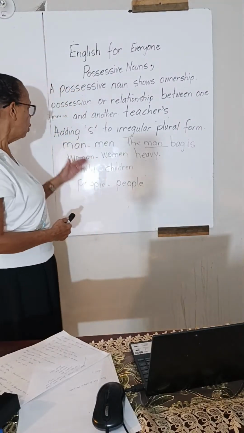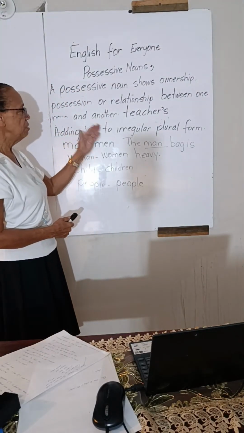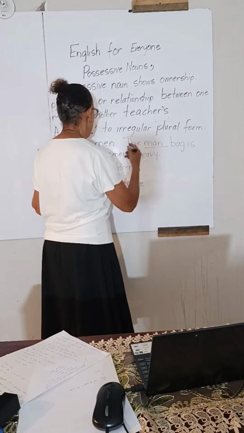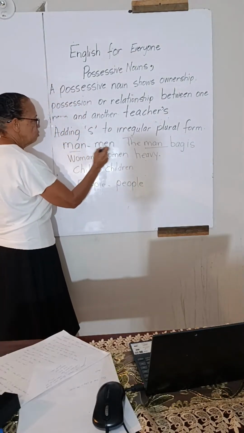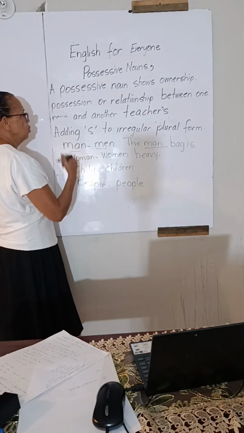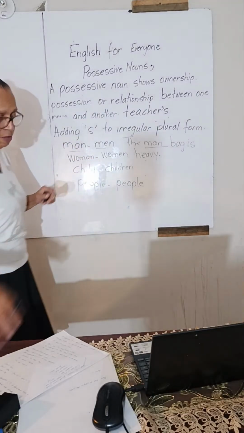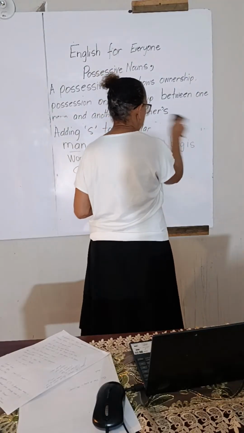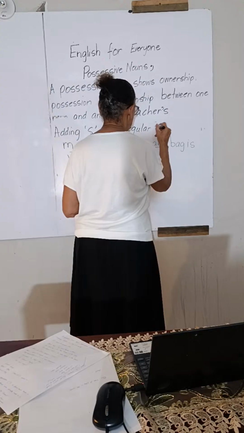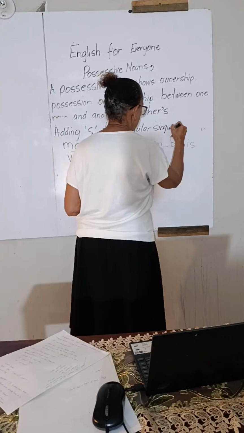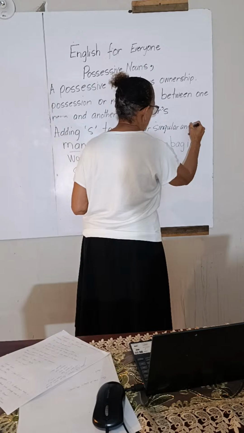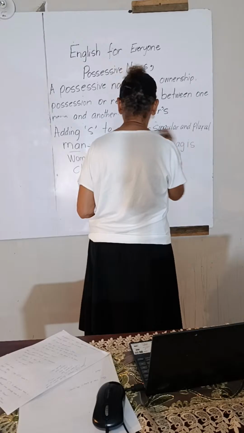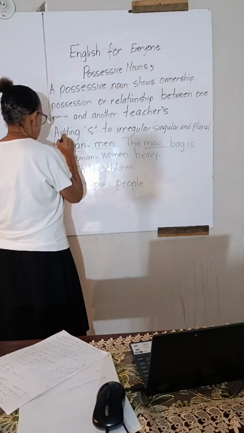All right. So you add S to irregular plural form and also singular form as well, because they can do for the man and they can do for the men. Right? So you add S to irregular, singular and plural form.